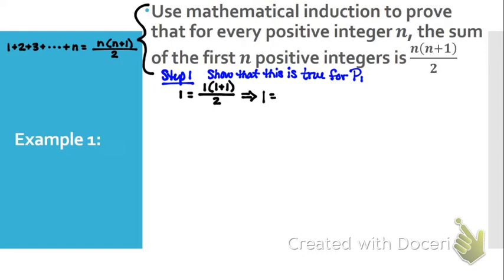So I have 1 times 2 over 2. And 2 over 2 reduces down to what? 1. So is this true for the first term? Yes. Step 1 is done.